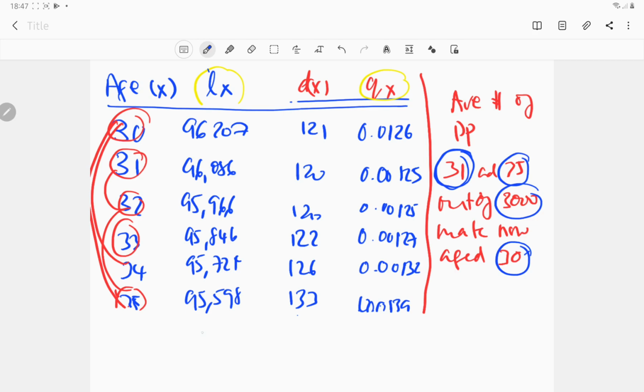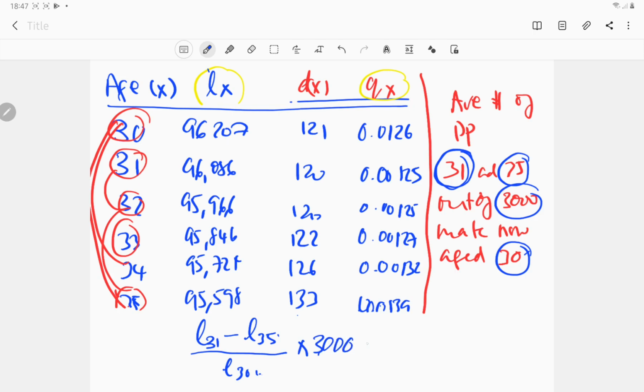So we take the probability for those aged 31 to age 35, and we take L30, because this is talking about the people aged 30. In total there are 3,000 people, so you multiply by 3,000.